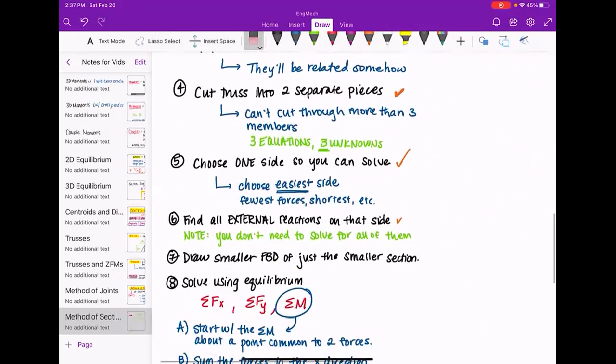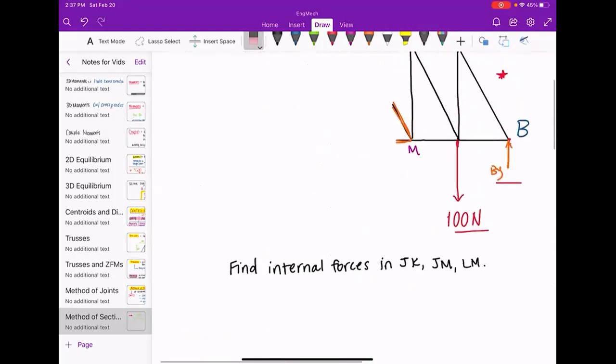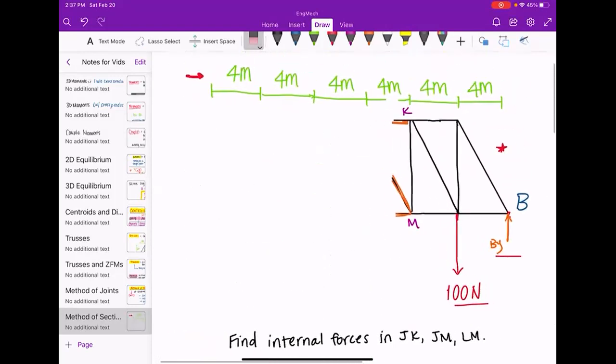Moving on to the next step, you want to redraw a smaller free body diagram because obviously on an exam or a quiz, you can't just erase half of a bridge. So basically you would redraw it with the forces here, here, and here.